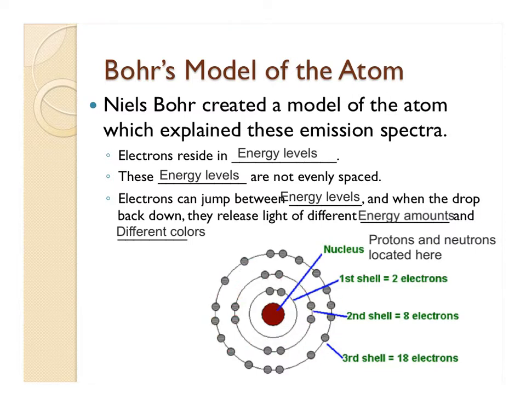So he had the first shell of electrons, which could hold up to 2 electrons. The second ring, or the second energy level, could hold up to 8 electrons. The third energy level could hold up to 18 electrons. So Bohr's addition was these energy levels, but he kept the electrons J.J. Thomson had discovered. He kept the nucleus that Rutherford had proposed. He just added his ideas on top of those.